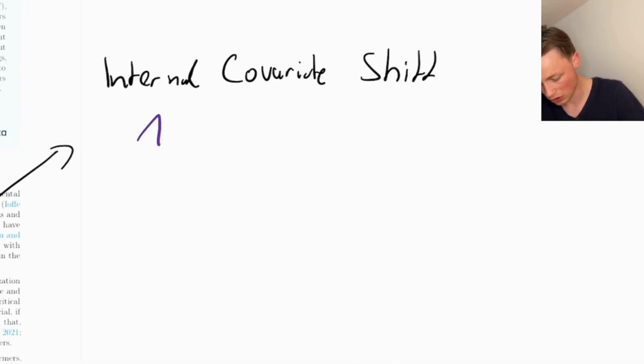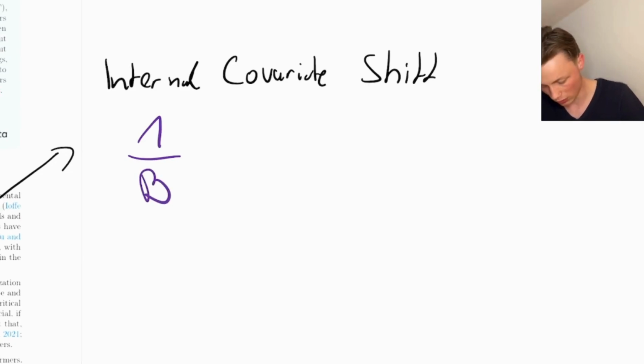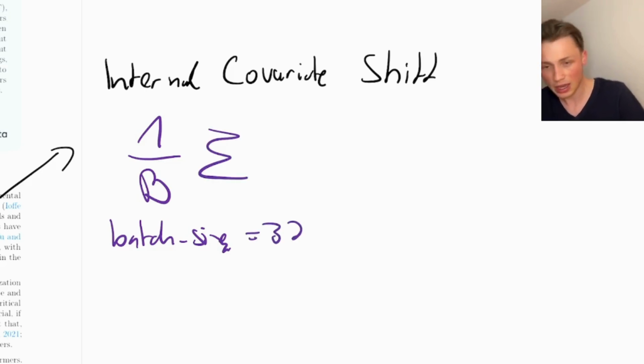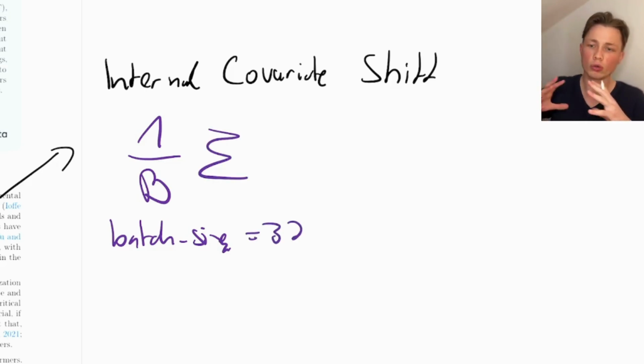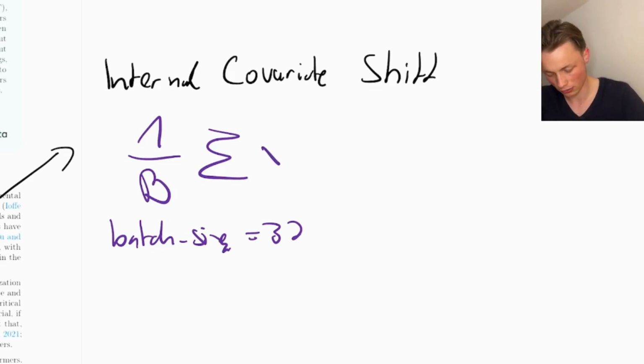So what we are actually doing, we go over a batch, so we have a batch size. We can say batch size is something like, I don't know, 32. And now we are looking at just one neuron, and we are adding all the activations of the neuron in this batch together.